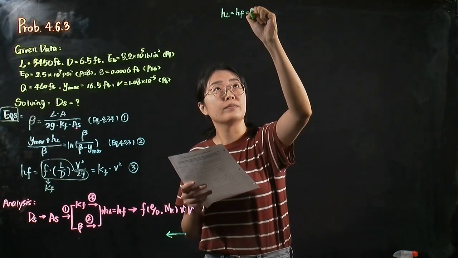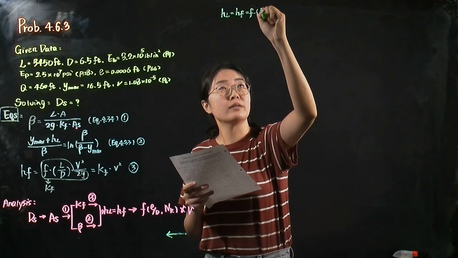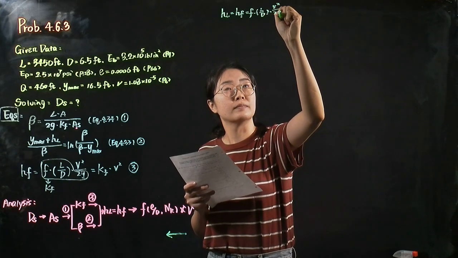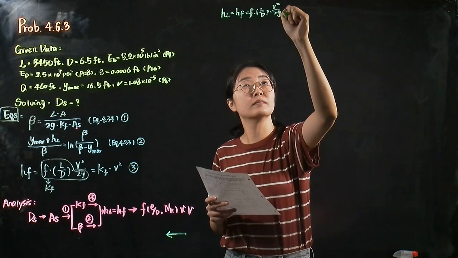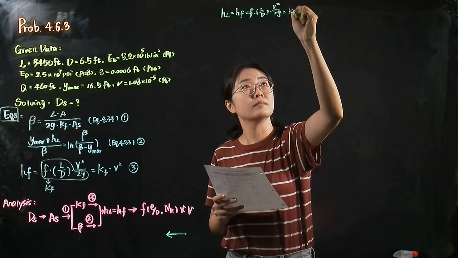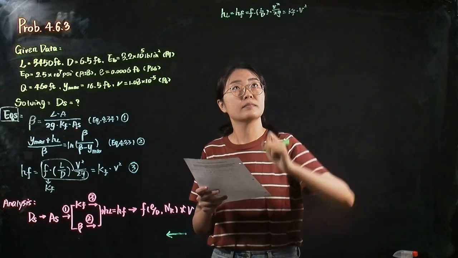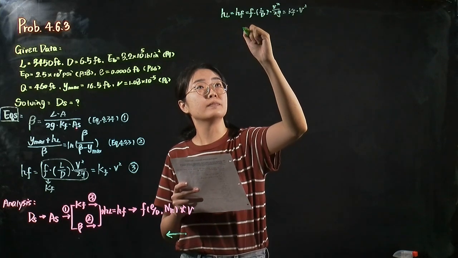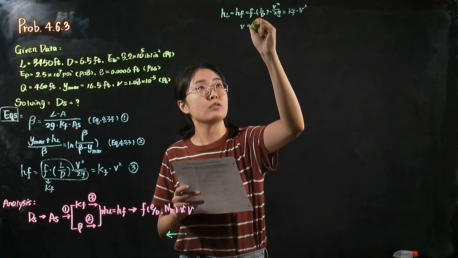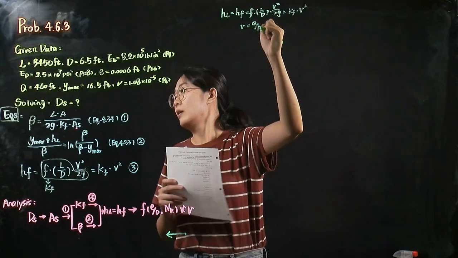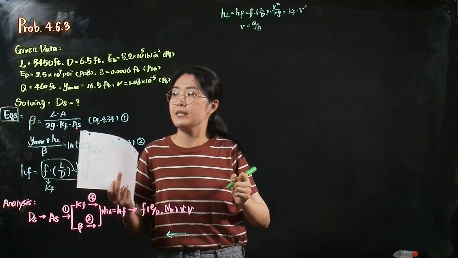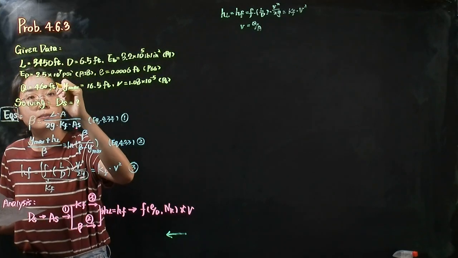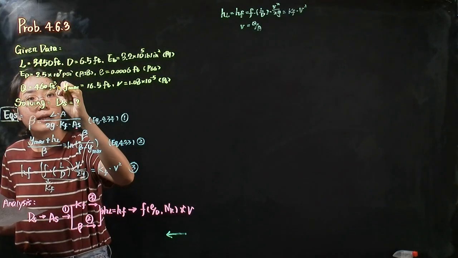It equals the Darcy-Weisbach equation. We can calculate the velocity, which equals Q over A. The Q is 460 cubic feet per second.